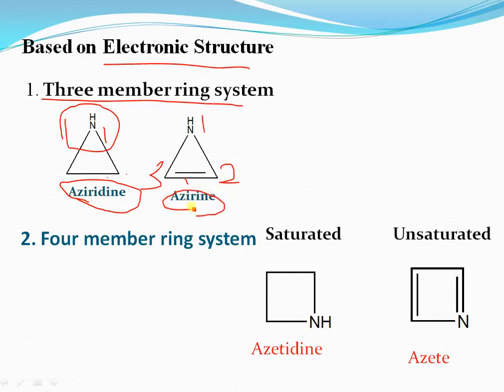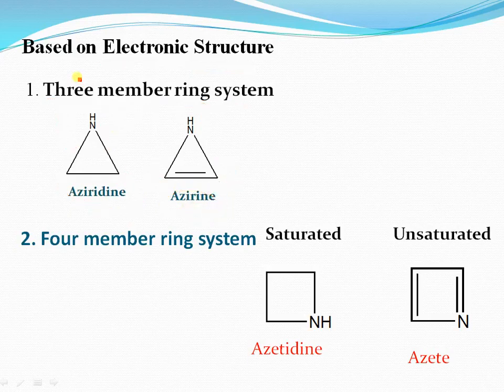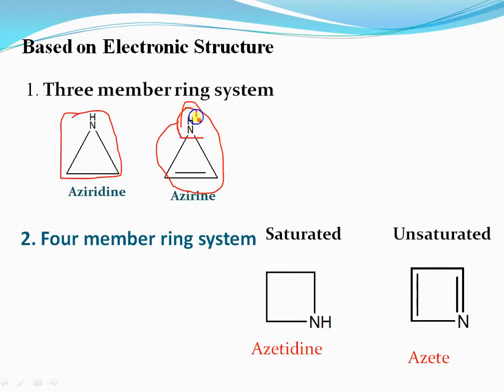We'll see later in the nomenclature part. This heterocycle is a 3-member ring system. This one is also a 3-member ring system, but this is saturated, this one is unsaturated, but it contains only nitrogen, means nitrogenous saturated 3-member heterocyclic ring system.